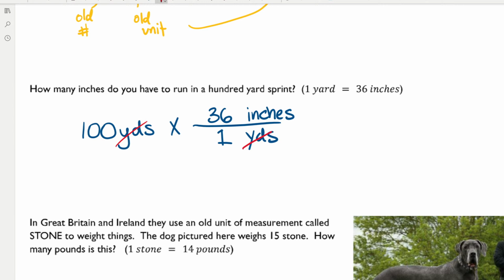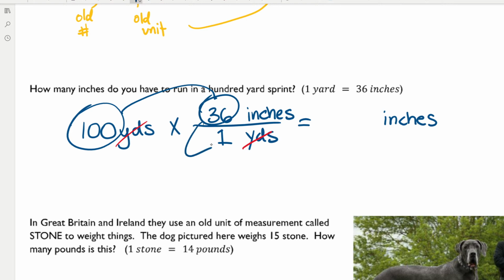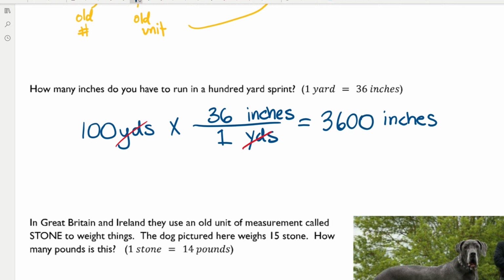Yards will cancel with yards, so the only unit that remains is inches. And to get the number, we would do 100 times 36 divided by 1. And 100 times 36 is 3,600. Divided by 1 doesn't change. 3,600.